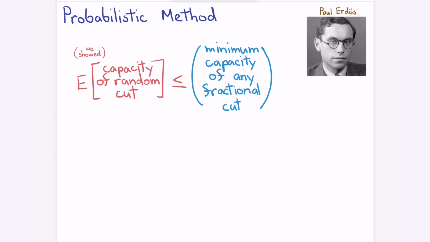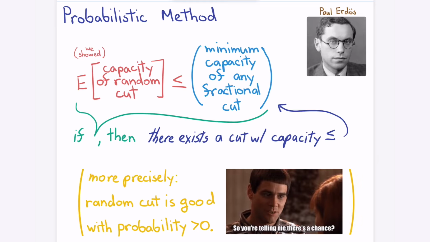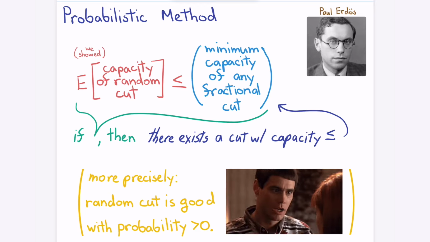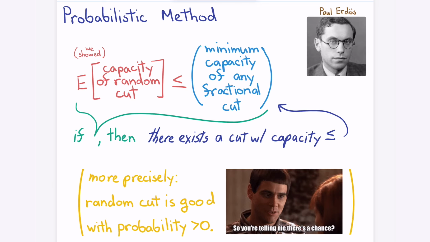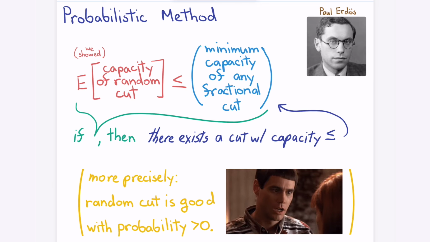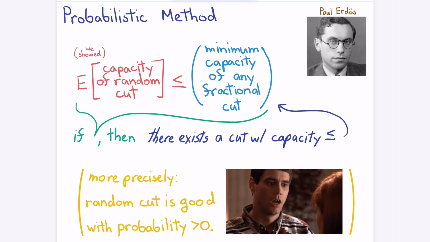If you found out that the midterm average was like 95, at least somebody in the class got 95. Okay, so just because a random cut is good with probability greater than 0, there is a cut. That's good. And that cut will be your min cut.